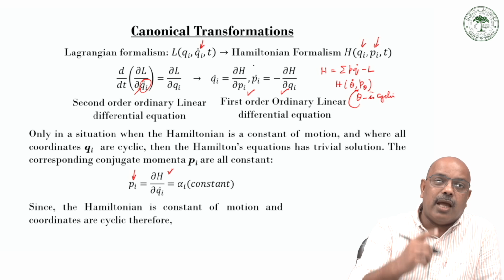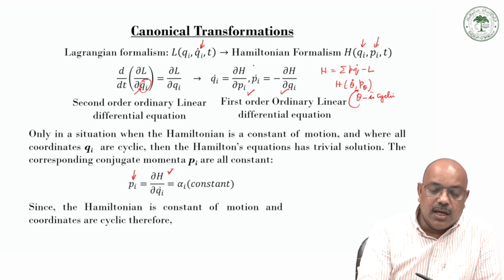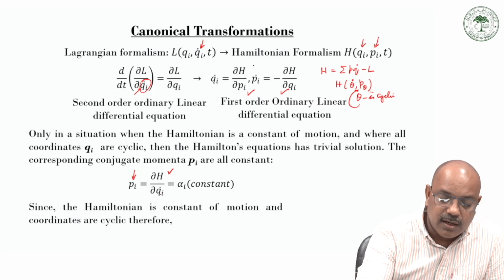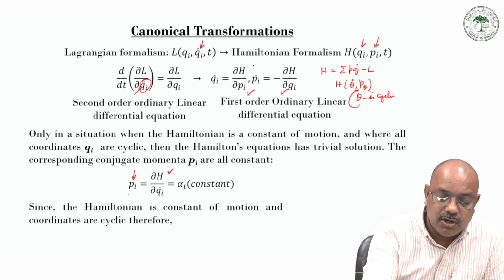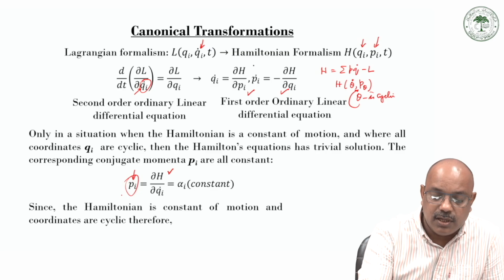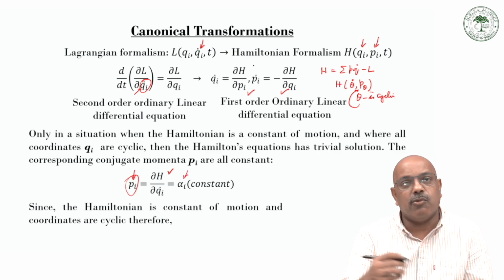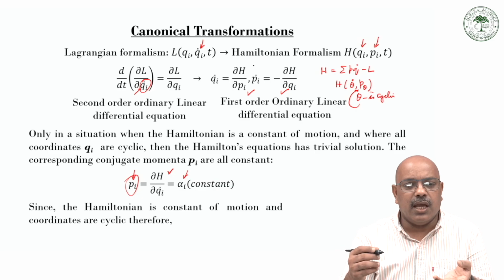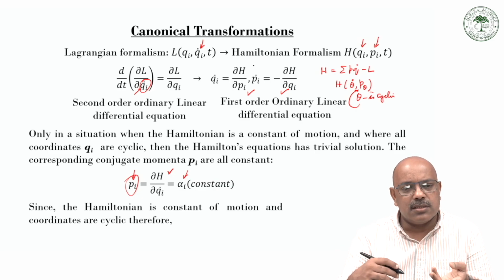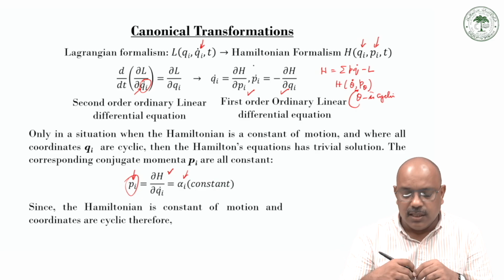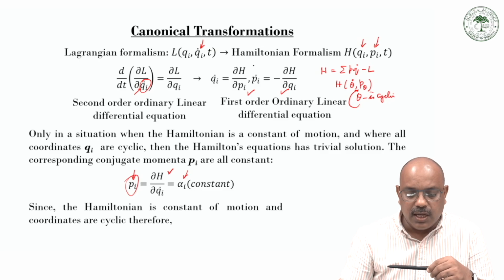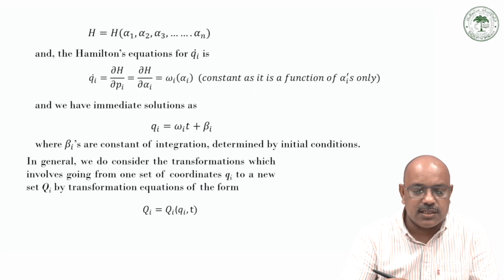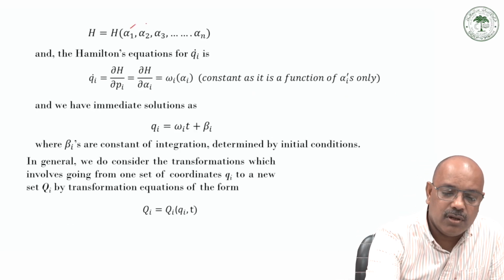If you remember the Hamilton equations of motion, then you know these are in terms of the Hamiltonian. So this is going to be constant, because it is a constant quantity, some constant alpha. Since the Hamiltonian is a constant of motion and the coordinates are cyclic, I can write H as depending upon all the alphas.